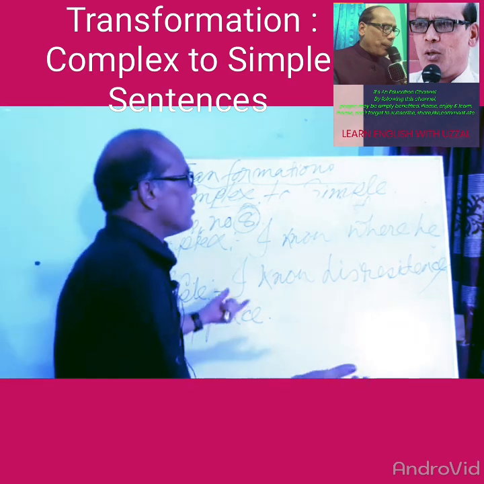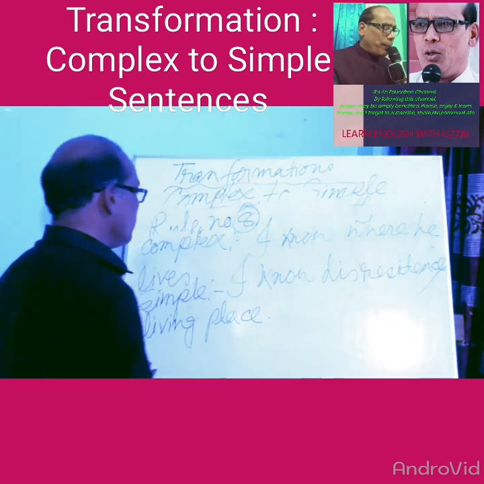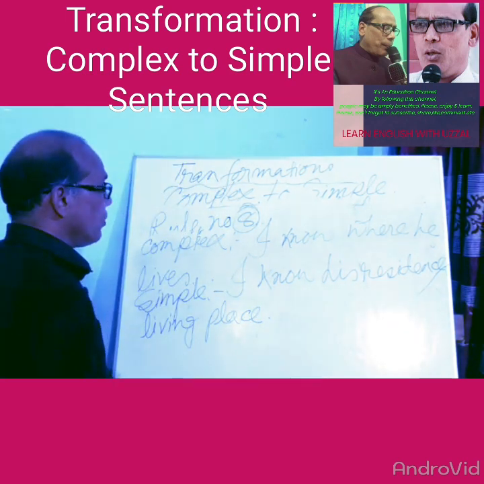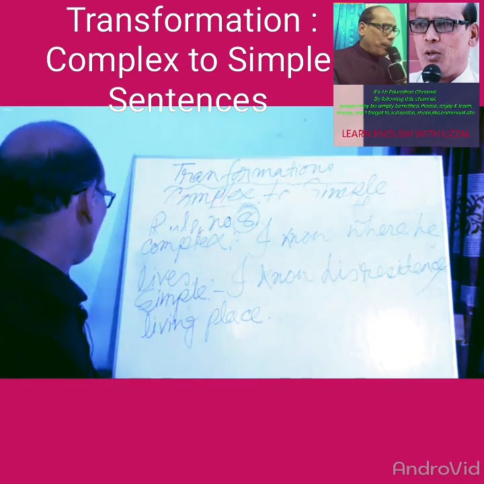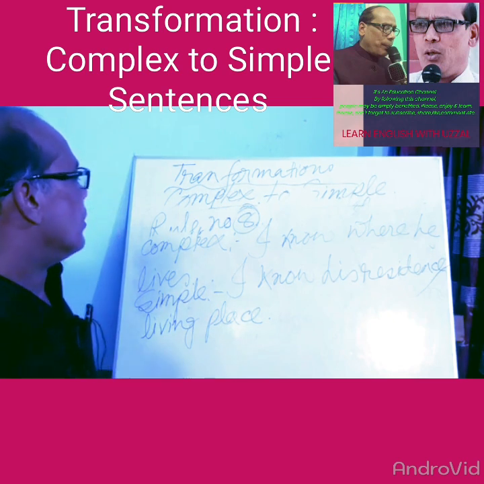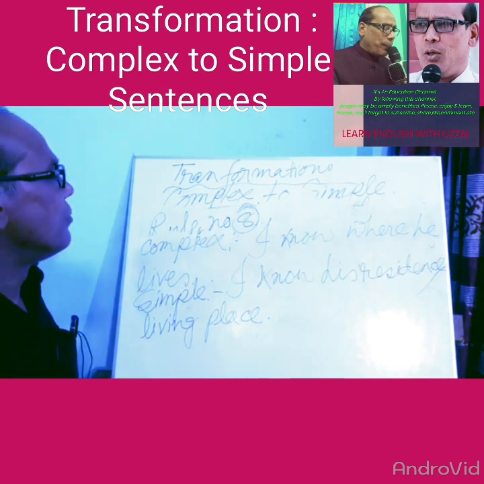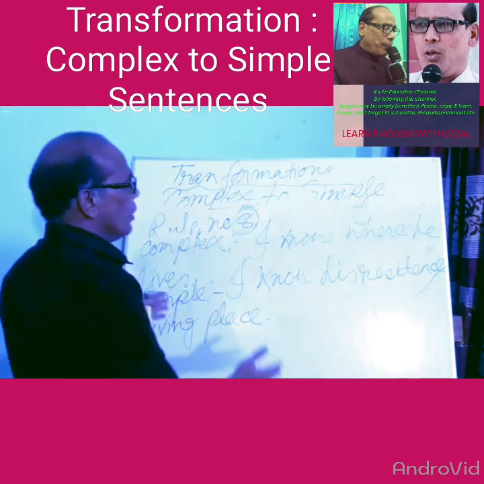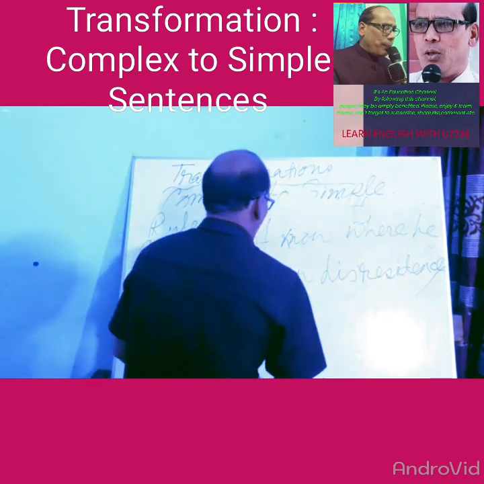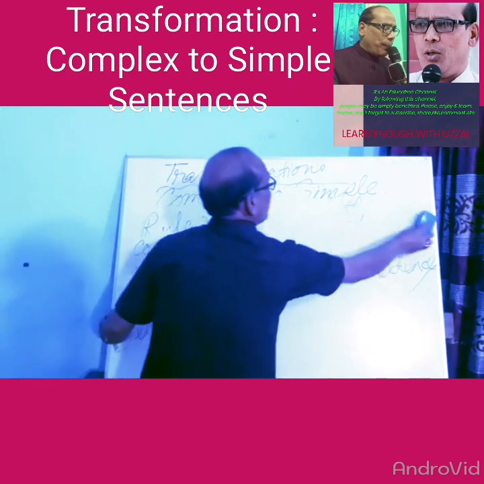I know his residence, or I know his living place. Here, residence is a noun, living place is a noun phrase. So, noun or noun phrase. In this way, we will have to turn such a complex sentence.